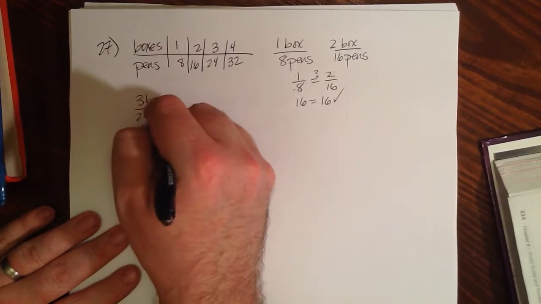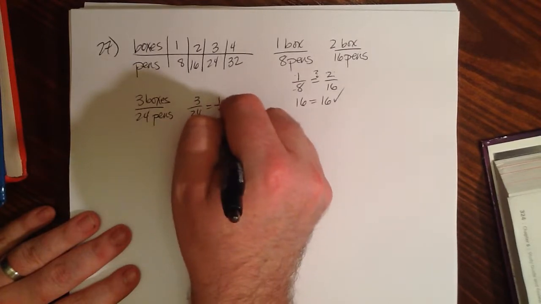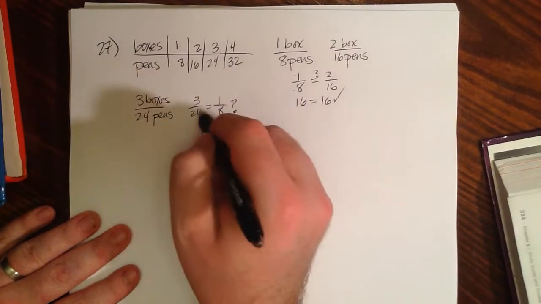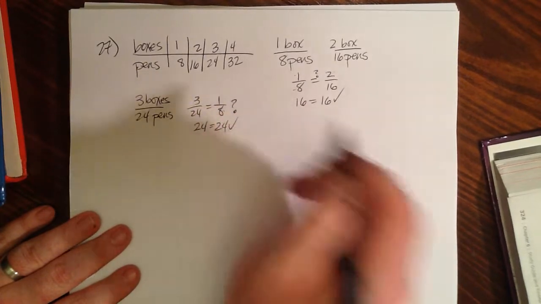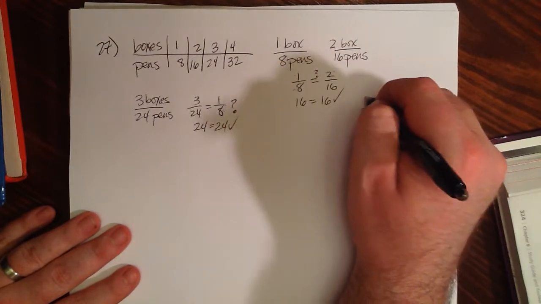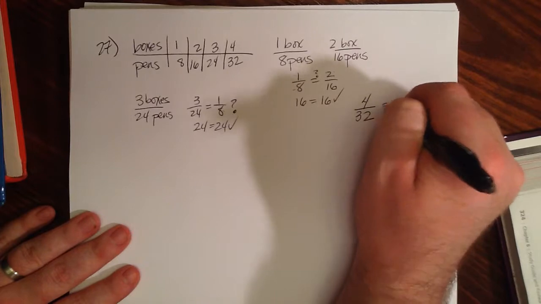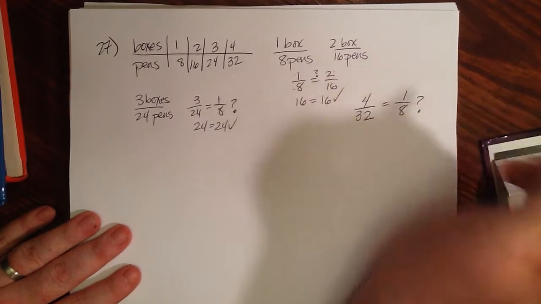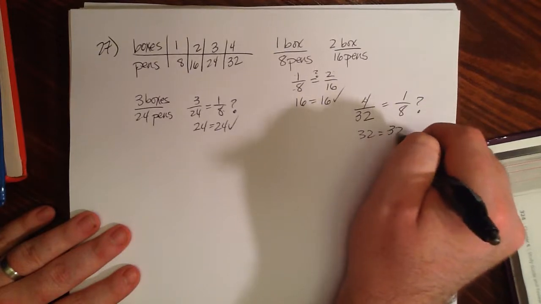Then what about 3 boxes for 24 pens? Well, is 3 over 24 the same as 1 over 8? Well, 24 times 1 is 24, 3 times 8 is 24. So yes. And lastly, is 4 boxes to 32 pens equal to 1 over 8? 4 times 8 is 32, 32 times 1 is 32.